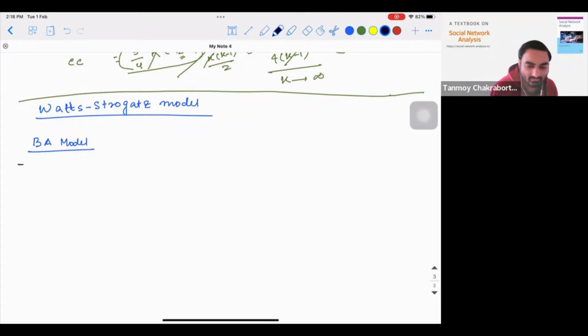But in the case of Barabasi-Albert, this is very similar to the way a real network grows. That means it's a temporal network. We consider that each node comes at every timestamp with some edges, and that's how a real network grows. The number of nodes is not fixed, not static.